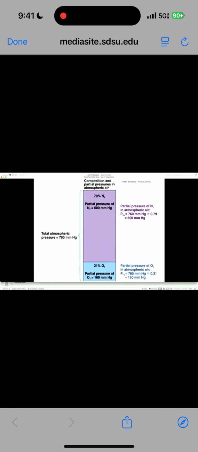About 79% is nitrogen, about 21% is oxygen. And if we know that we have an atmospheric pressure of 760 millimeters of mercury of pressure, you multiply this by the percentage, and that means that nitrogen its partial pressure is 600 millimeters of mercury, and the partial pressure of oxygen is 160 millimeters of mercury. This is what's going to be important at understanding oxygen movement in and out of our bodies, okay?